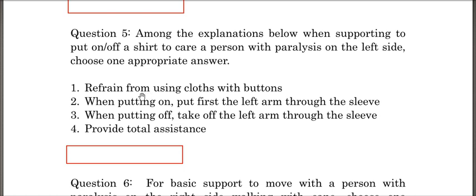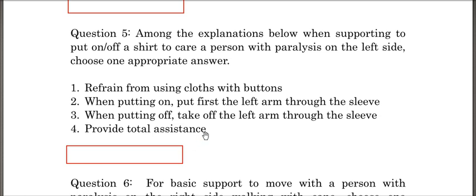Refrain from using clothes with buttons. 2. When putting on, put first the left arm through the sleeve. 3. When putting off, take off the left arm through the sleeve. 4. Provide total assistance.